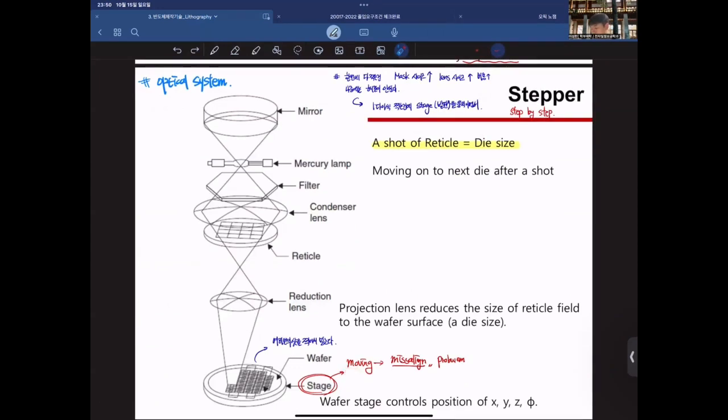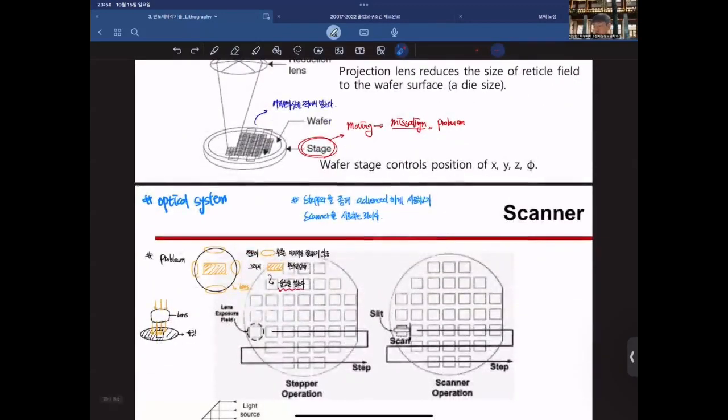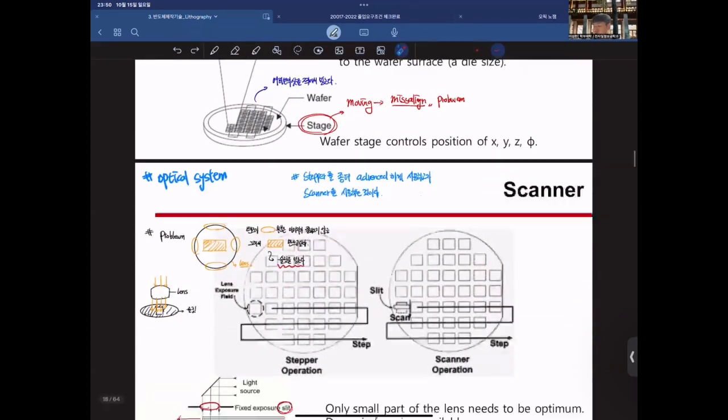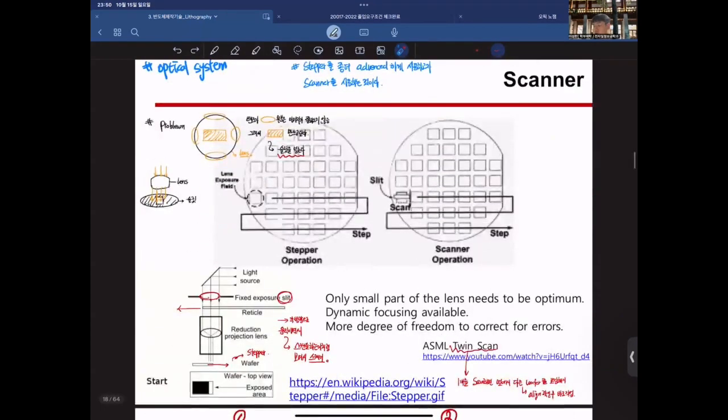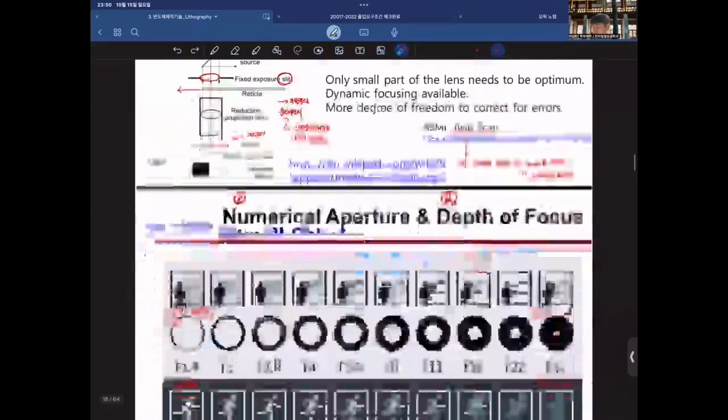And secondly, we can use the stepper more advancedly, so we can use the scanner. It removes and improves the lens problem, and also it has a stepping function in the equipment.